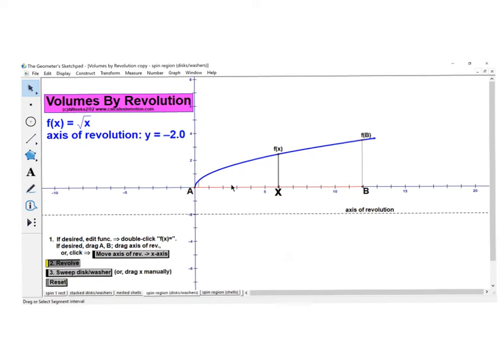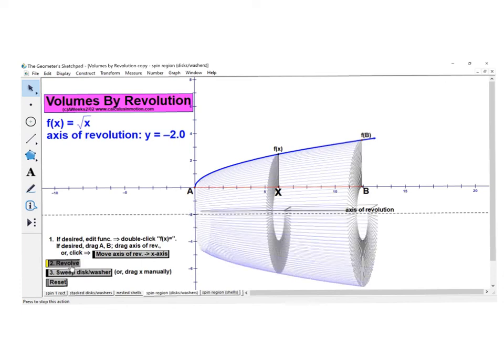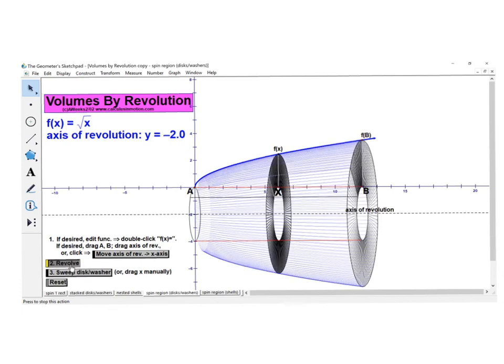Notice that we're revolving this area bounded by the square root function, the x-axis, x equals a and x equals b, about this horizontal line, y equals -2. Here's our representative vertical rectangle. Now let's revolve this region together with the rectangle and watch what happens. We see that that rectangle becomes a washer.